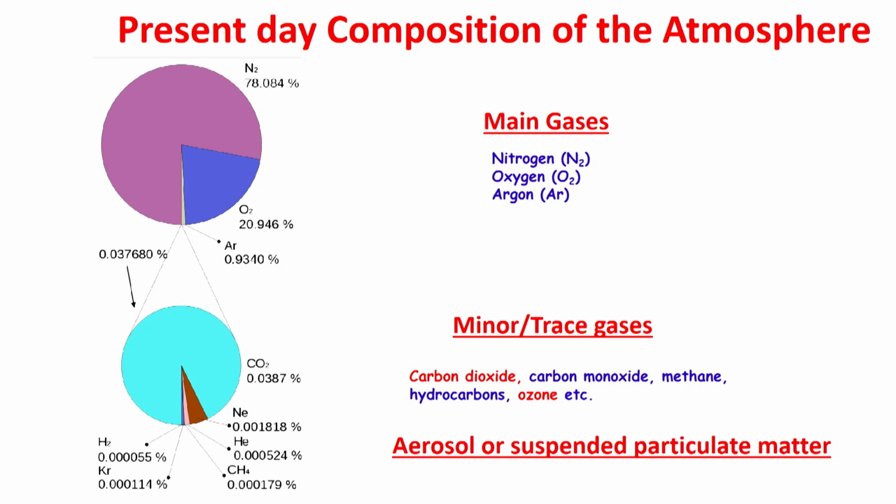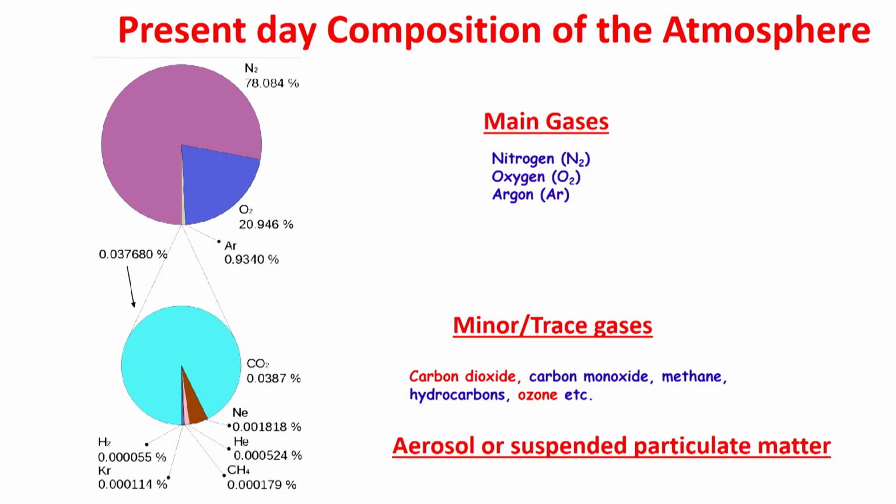For example, for carbon dioxide concentration, we drill ice cores in Antarctica or the Arctic and measure the CO2 concentration, but you need to measure the timing as well, and we can construct how CO2 concentration has varied. But the problem is how would you know that aerosol or suspended particulate matter concentration has also varied?